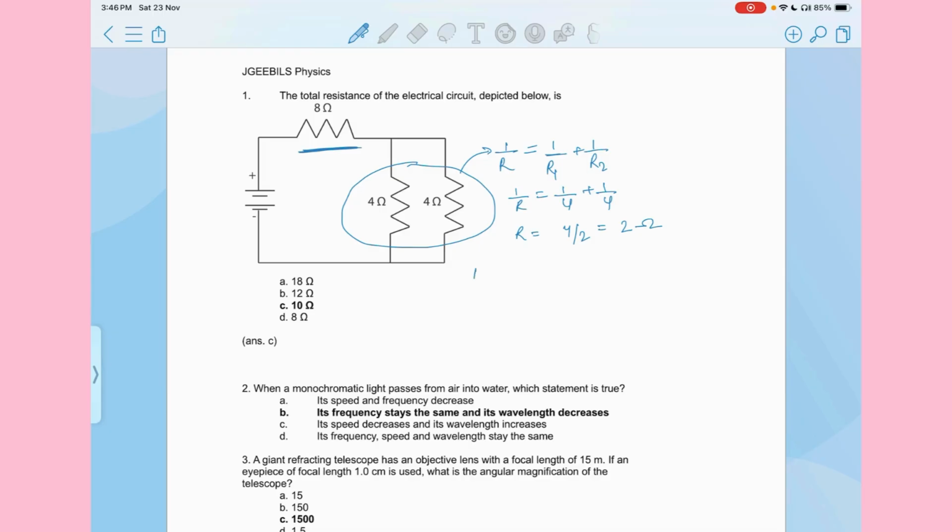Then the R equivalent for the series combination of R1, R3 let's say, with the R which we got, will be 2 plus 2, which is 4. So option number C.